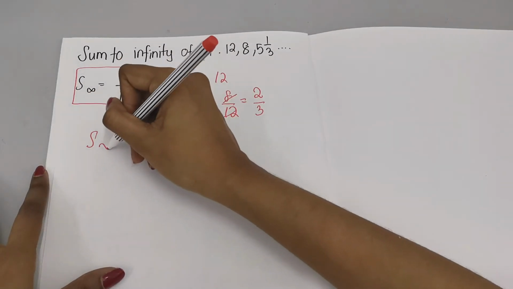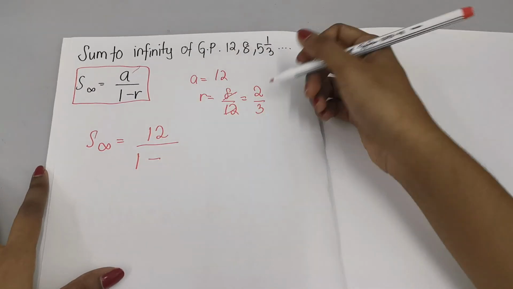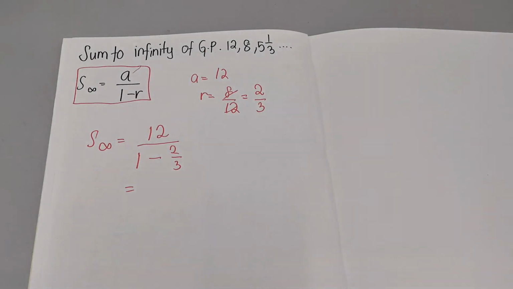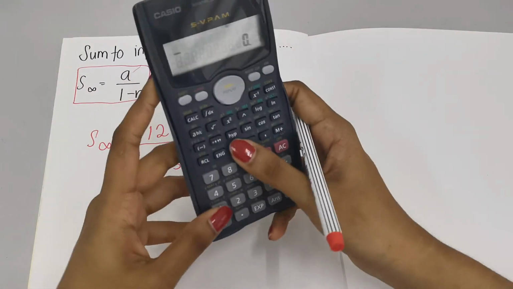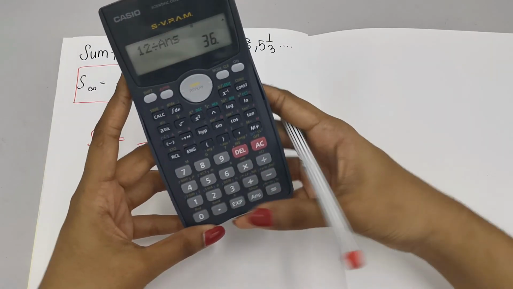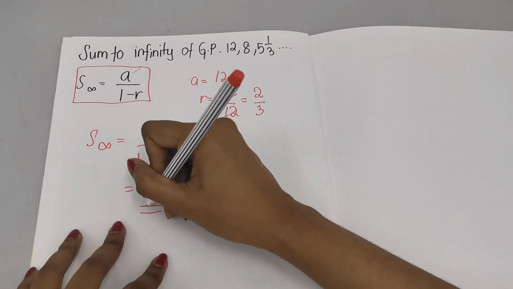So the sum to infinity will be 12 over 1 minus 2 over 3. Keying this in your calculator, 1 minus 2 over 3, then 12 divided by this answer, we obtain 36. So the sum to infinity will be 36.